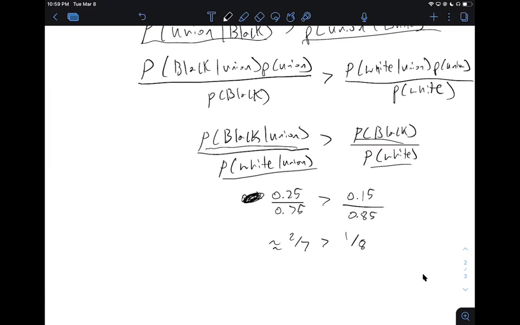So what is the upshot of this? What's the point? Well, it can still be the case, as you see here with these numerator and denominator, that you're still relatively more likely to be white given that you're a union member than black. But it is the case, however, that this ratio is tilted more in favor of black workers than the overall ratio of black to white workers here, right?